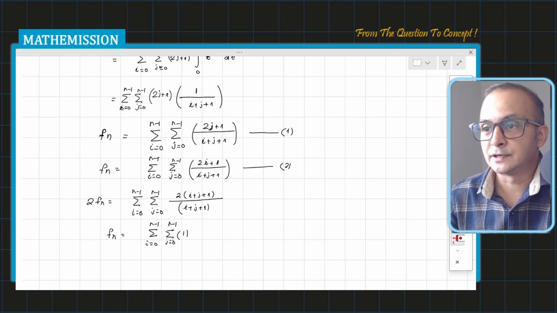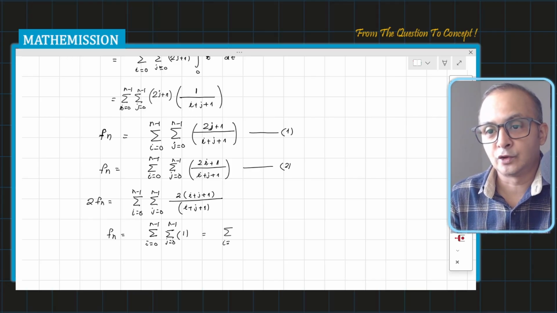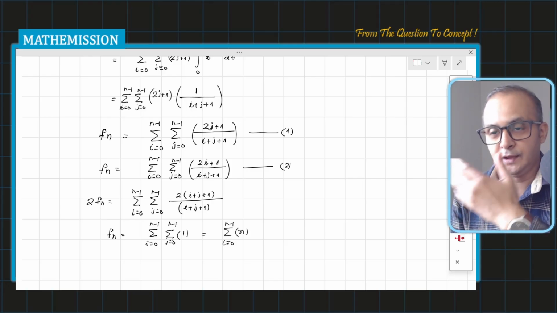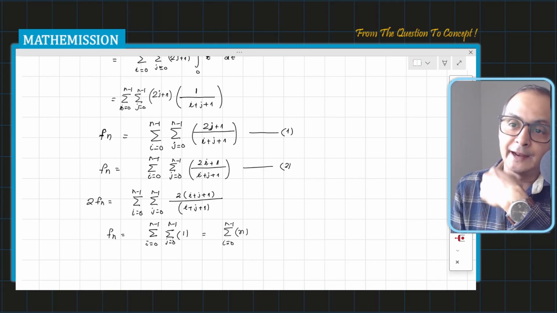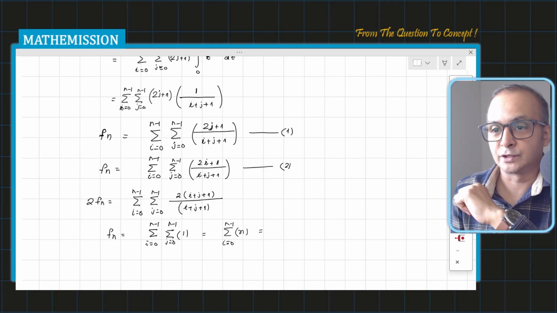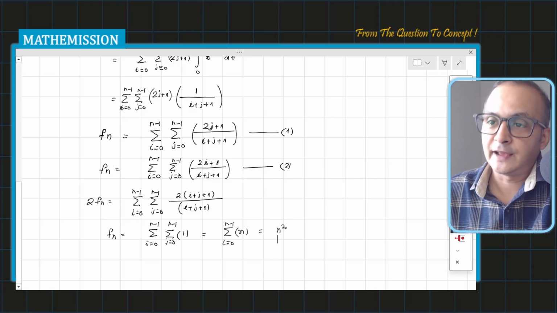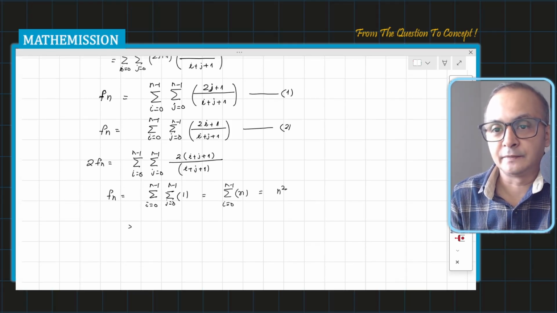So that will result in n. So this will give you the summation i goes from 0 to n minus 1 of n. And now I can see that you are adding n again n times, so that will give you n square. So you got Fn as n square, and anything you want you can find.